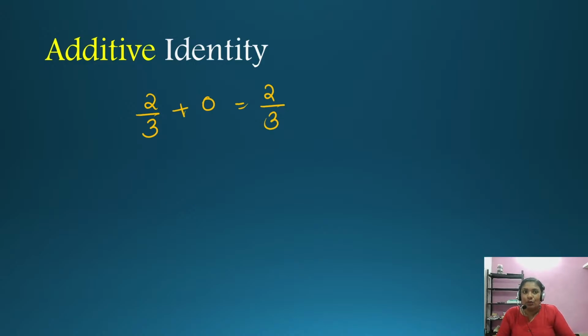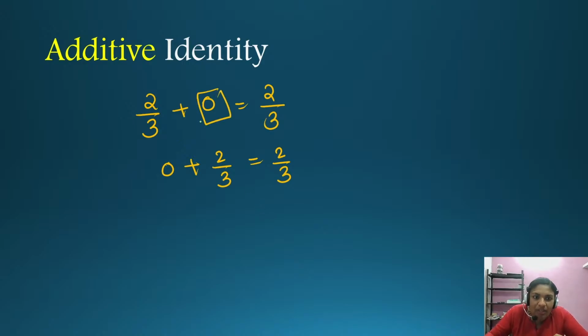When you add 0 to any rational number, or if you add any rational number to 0, you will always get the same rational number. So the 0 is known as additive identity. Why? It reproduces the same identity. See, we have identity cards, right? What does it show? Our identity, right?